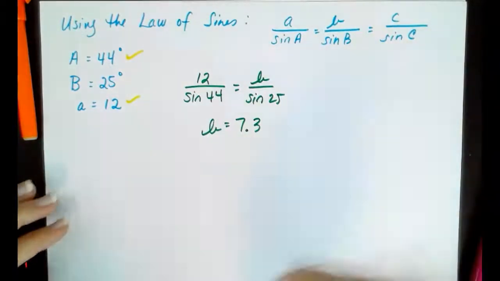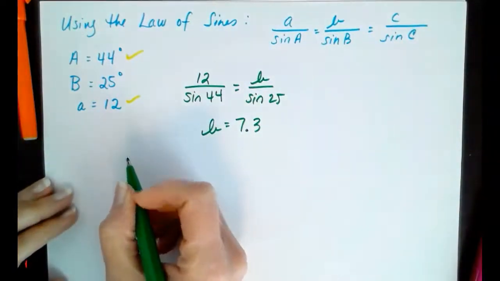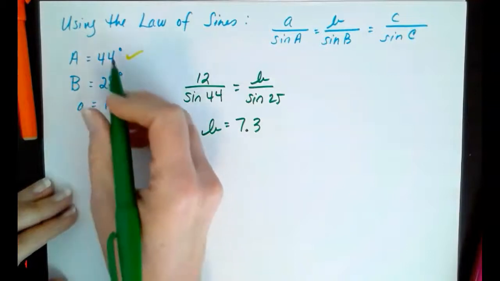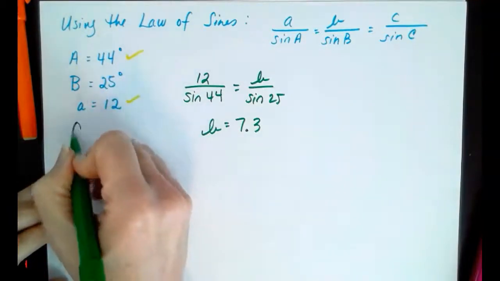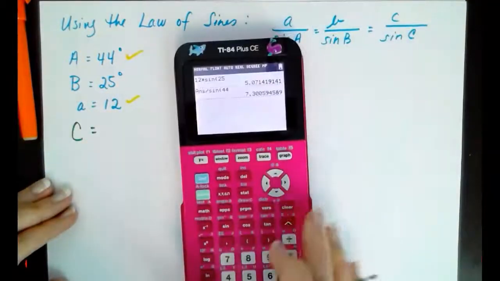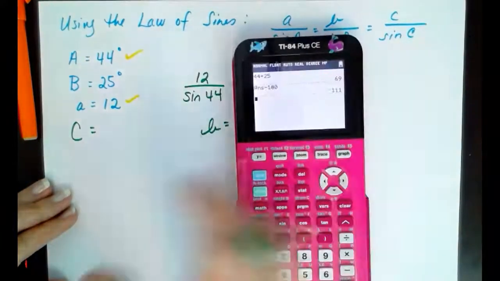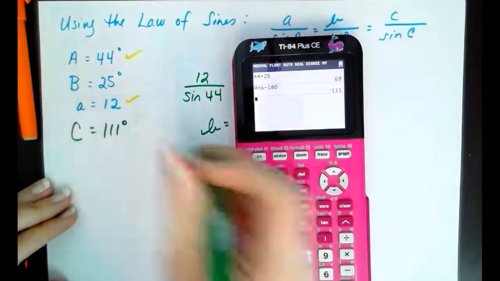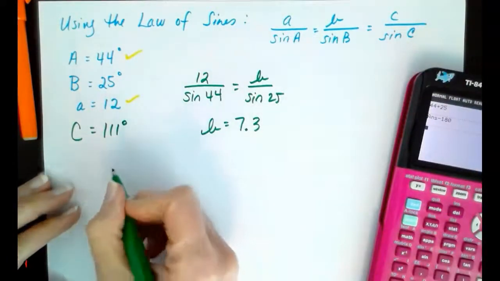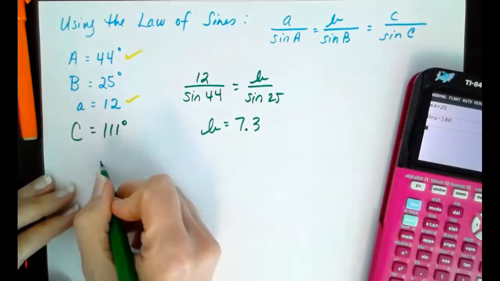So now let's give this a quick draw. So 44 and 25, let's go ahead and find angle C just by using triangle interior angle sum theorem. So 44 plus 25 is 69, minus 180. So we see that angle C is 111 degrees. So this is an obtuse triangle.